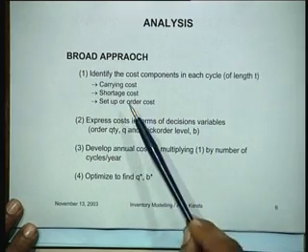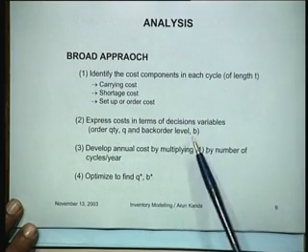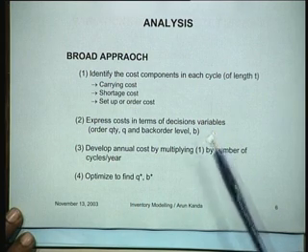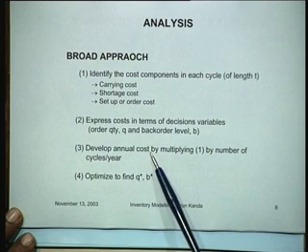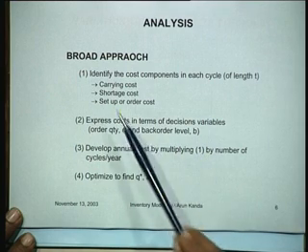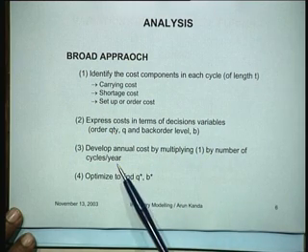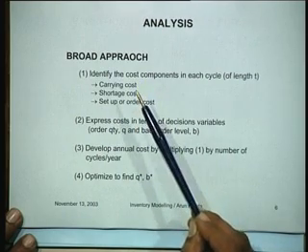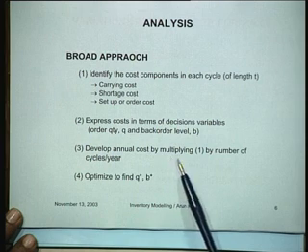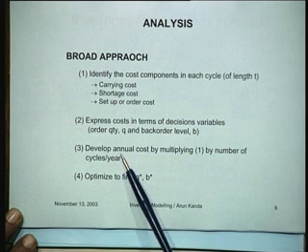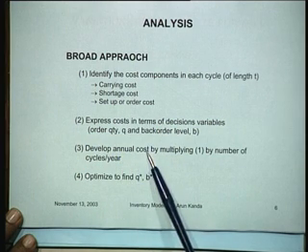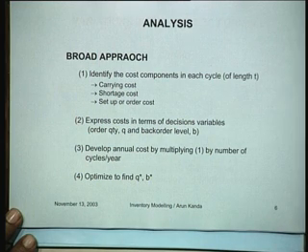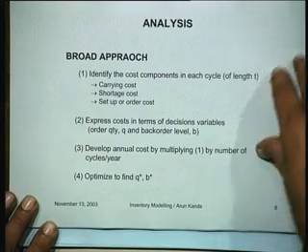So first know the costs, then express the costs in terms of Q and B by using simple geometrical relationships, and then develop an expression for the annual cost by multiplying this cost per cycle by the number of cycles per year. You will get the annual cost. And then from this expression, the total annual cost, you have to optimize to find Q star and B star, which are the optimum lot size and the optimum back order quantity.